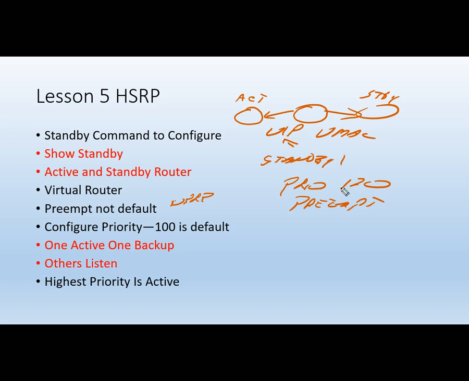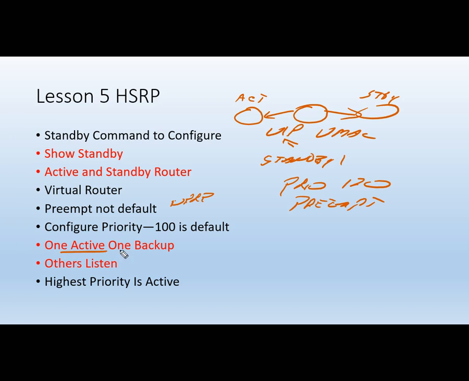The preempt command allows a router with a higher HSRP priority to take control of or become the active router. It sends a coup message, and then the other router that has been preempted is going to resign.